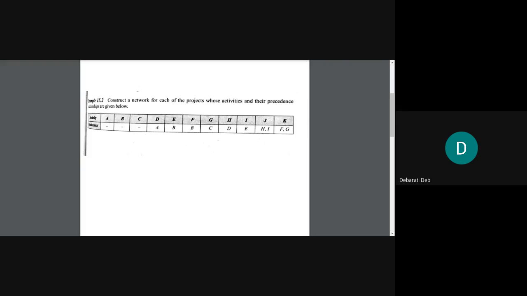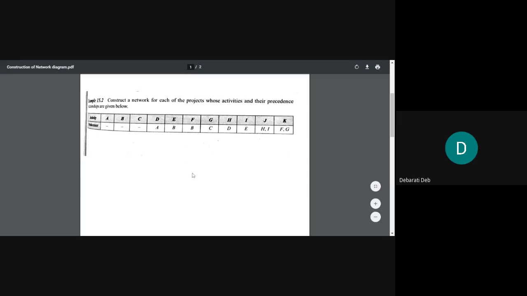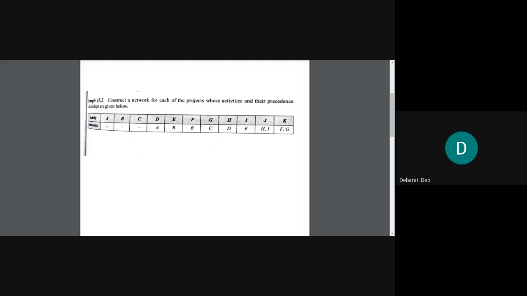So tell me, which will be the starting activities in this problem? A, B, and C. Yes, very good. It will be A, B, and C because they don't have any predecessor.